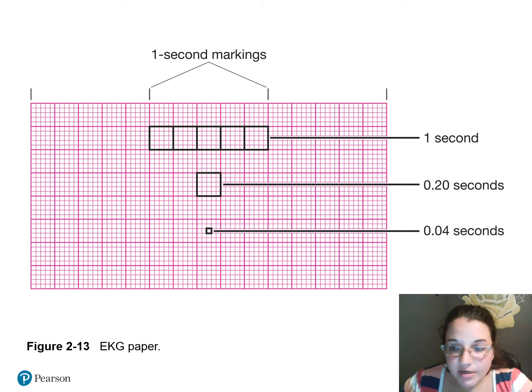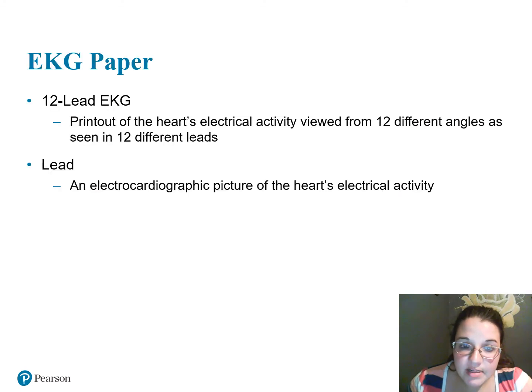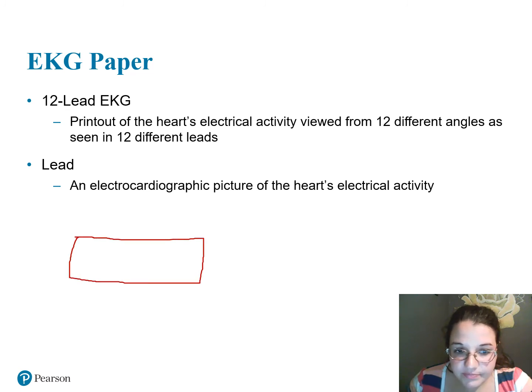Alright, so here you'll see your dark lines, which separate your big boxes from your little boxes. And you'll notice that you have even darker lines that separate your 5 boxes. The screen moved and I can't go back when I am doing these recordings, so I'm just going to go ahead and draw it. If you have 5 big boxes, that's 1, 2, 3, 4, and 5, this is going to equal 1 second.